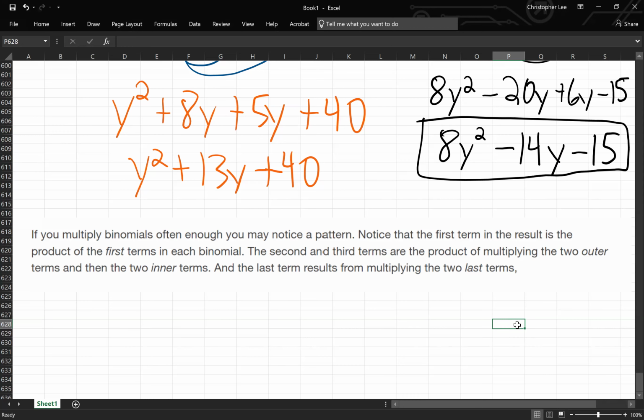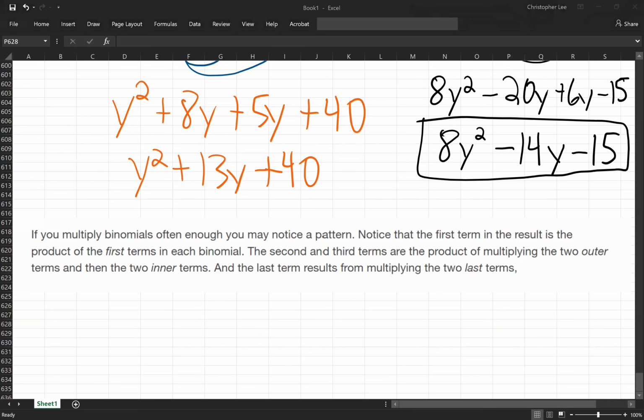And the last term results from multiplying the last two terms, right? So this is just setting up our FOIL method. We're coming to that.